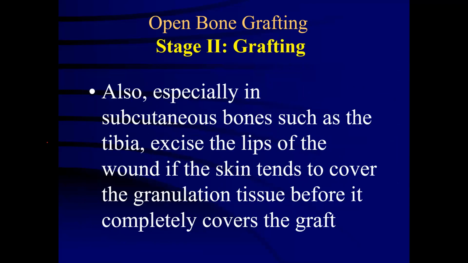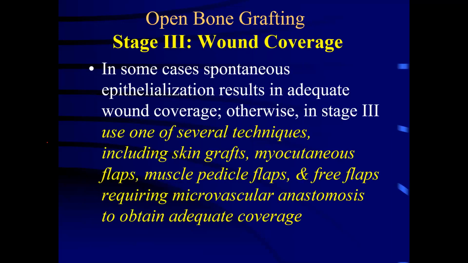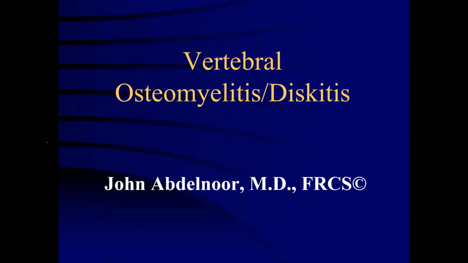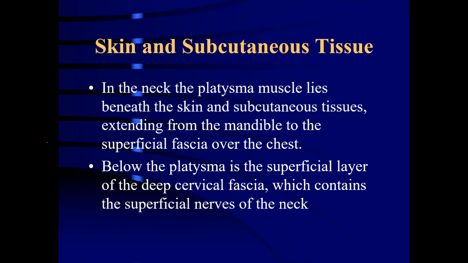Here we are. What about vertebral osteomyelitis and discitis? In the neck, let us take the cervical spine. The platysma muscle lies beneath the skin and subcutaneous tissues, extending from the mandible to the superficial fascia over the chest.